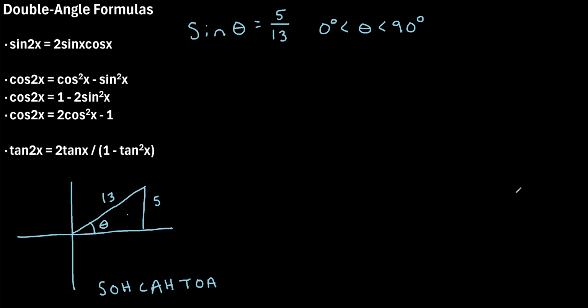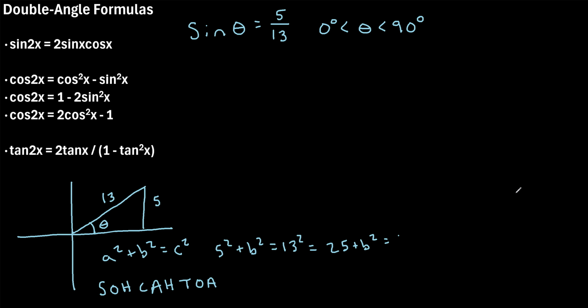Well, it's a right triangle, so that means a squared plus b squared must be equal to c squared, where c is the hypotenuse. So if we fill in that information, we have a squared, let's call it 5 squared, plus b squared. We don't know b, but we know that c is the hypotenuse, so 13 squared. So we get 5 squared, that's 25, plus b squared is equal to 13 squared.